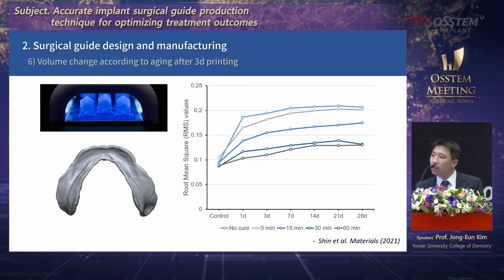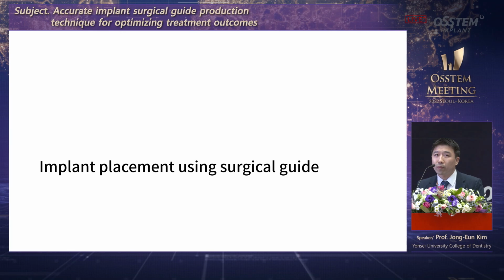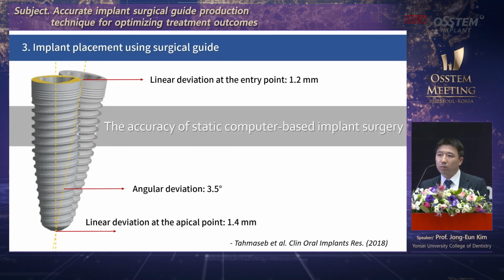If there's a gap and there's a need to delay surgery, after you process it like this, even with time, volume change does not occur. Therefore, post-curing is very important. In the surgery phase, I'm going to talk about it.